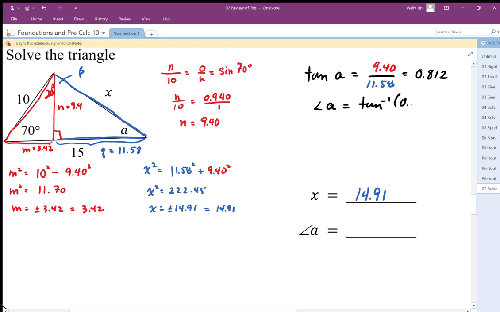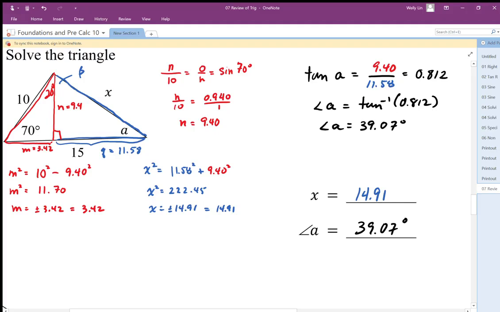Arctan of 0.812 gives me angle A, and angle A works out to be 39.06 or 39.07, I'm getting. So somewhere around 39 degrees. Again, my number is going to be inaccurate because I've done some rounding somewhere, so that 0.07 is really not all that accurate. But I'm going to keep my two decimals anyway. As long as your answer is somewhere around 39 degrees, you've done the right calculation.